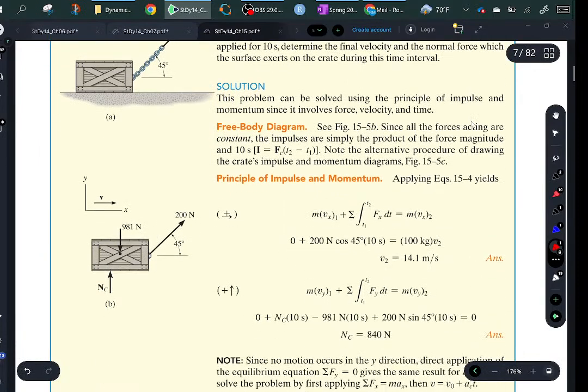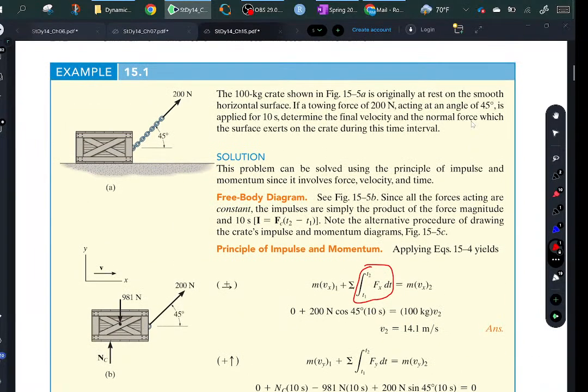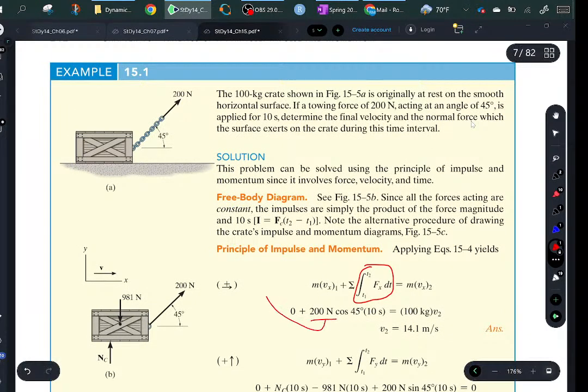So you get in here, and he starts giving you some things. Here's one where, now it sounds weird, but you have a constant force, and your integration just becomes simple. It tells us 200 newtons at 45 degrees for 10 seconds.